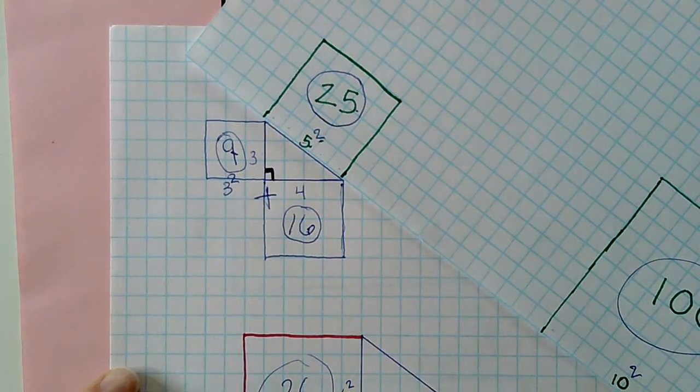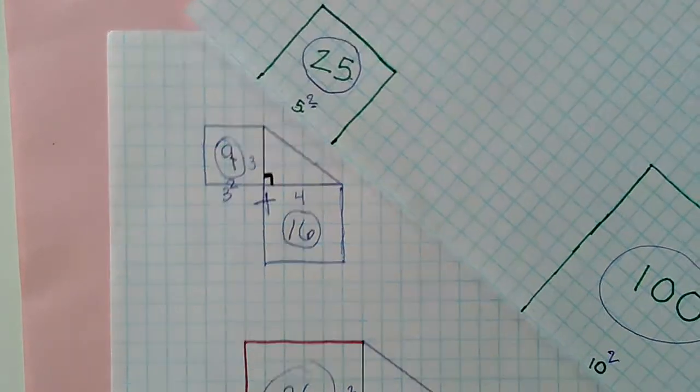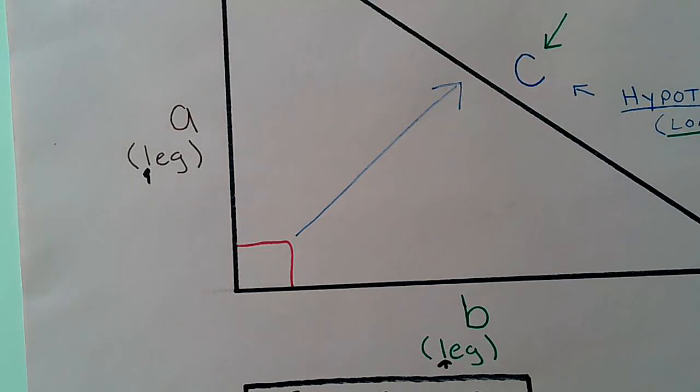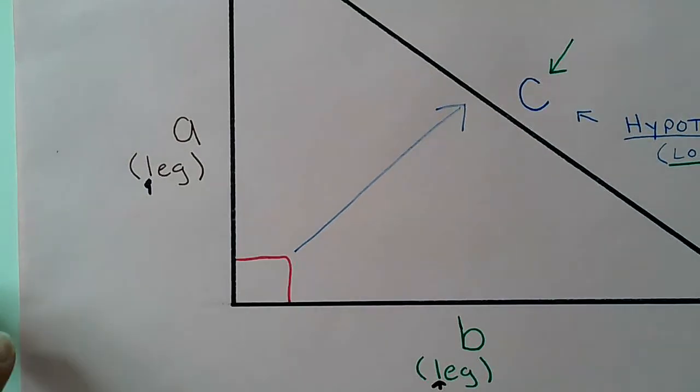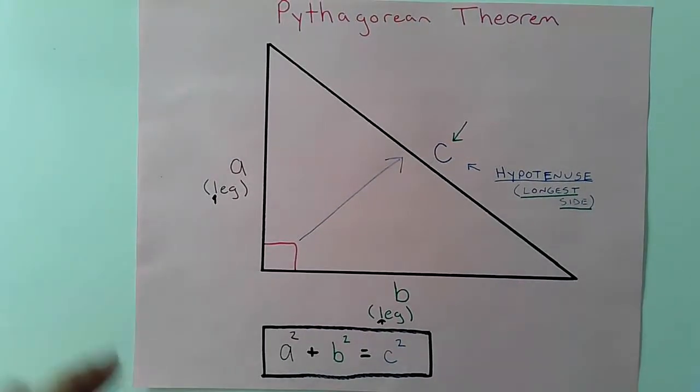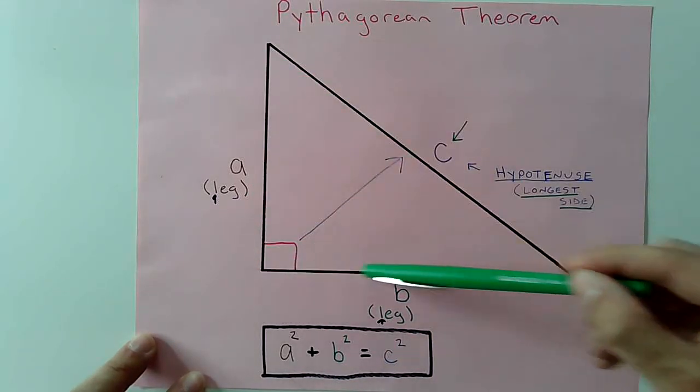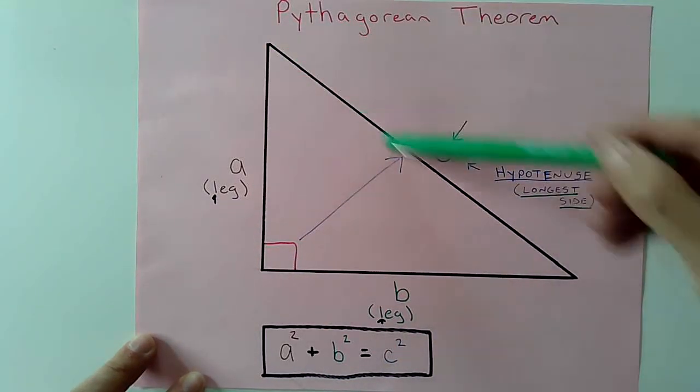So that shows that pattern holds true. And that is the Pythagorean theorem. Just to recap, let me zoom out: A squared plus B squared equals C squared. Leg squared plus other leg squared equals hypotenuse squared.